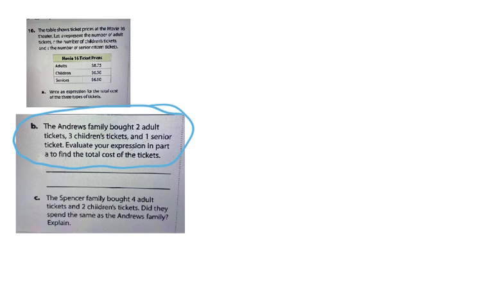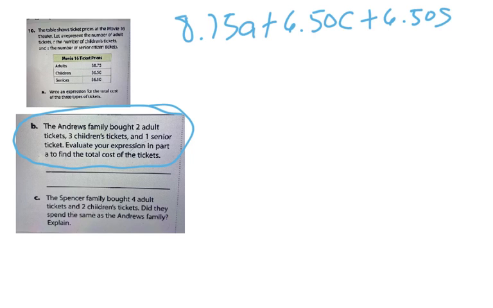They want us to evaluate our expression in part A to find the total cost for the tickets. Well, our expression in part A, if you remember, was $8.75 times A plus $6.50 C plus $6.50 S.